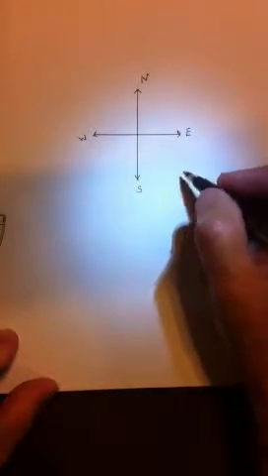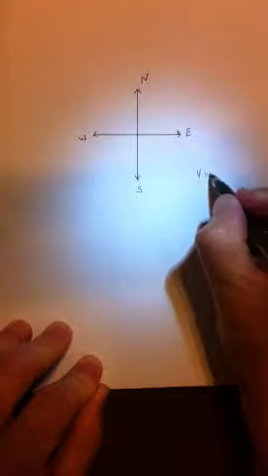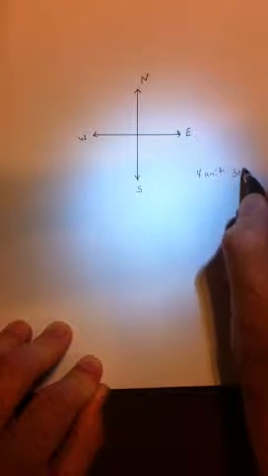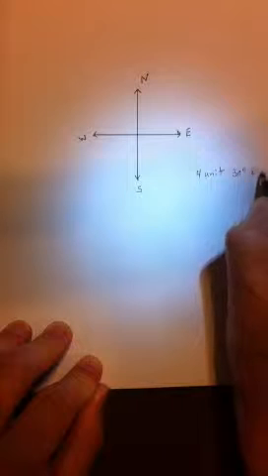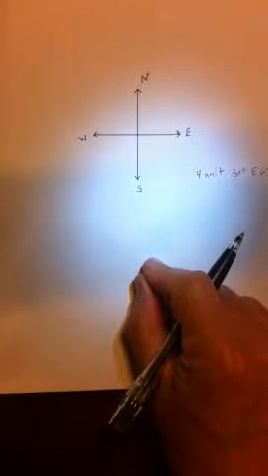So for example, if I have a vector that is maybe a 4-unit vector, 30 degrees east of north. First, I would have to choose a scale.